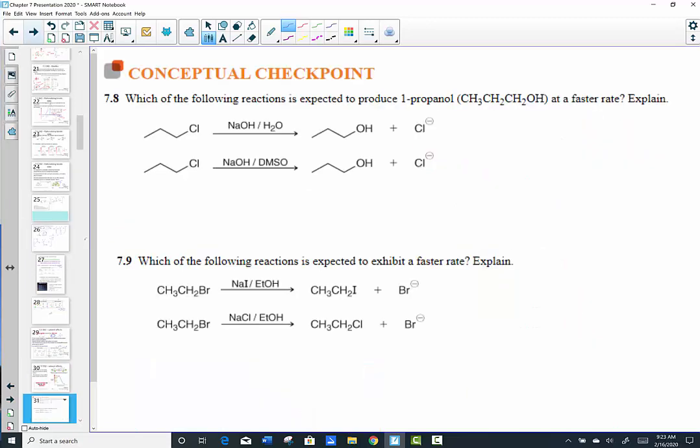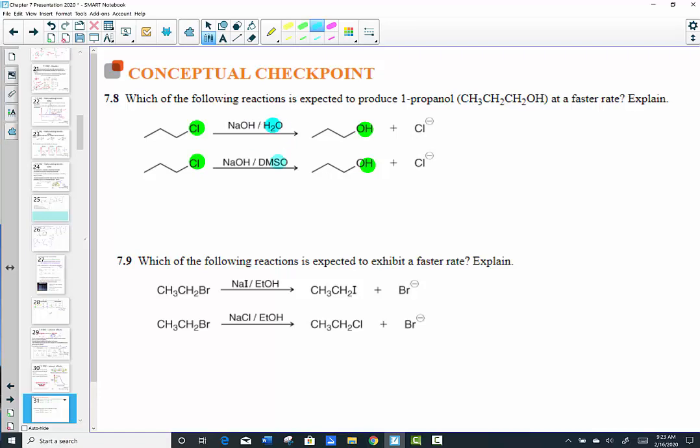Let's take a quick checkpoint. Which of the following reactions are expected to produce 1-propanol at a faster rate? So notice what we're doing. We have a substitution reaction. Chloride turned to hydroxide. Chloride turned to hydroxide. So that's the same. Our base, NaOH, sodium hydroxide.